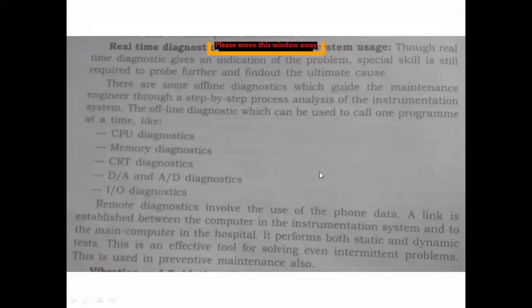Suppose the CPU is not operating up to the mark or speed, then we have to install some other program, like installing Windows 7 on our laptop, or run it once again or install the same program the next time. Like that, it will make the system ready to operate for the given conditions.